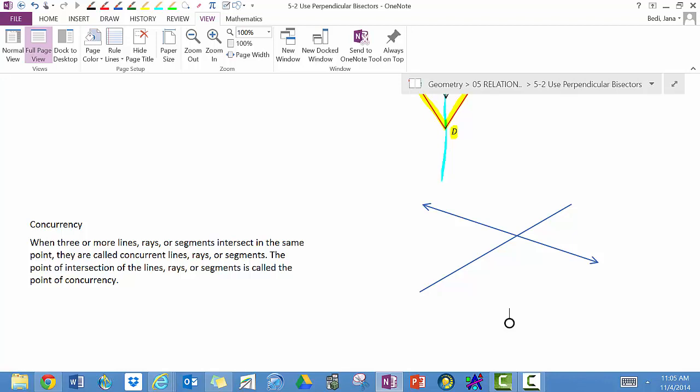But if I have a third line, and that third line goes through the same point of intersection right there, then we say that point P is a point of concurrency. So let's say P here.